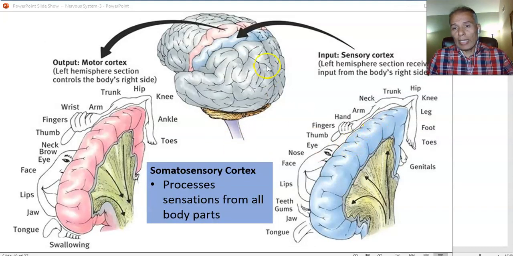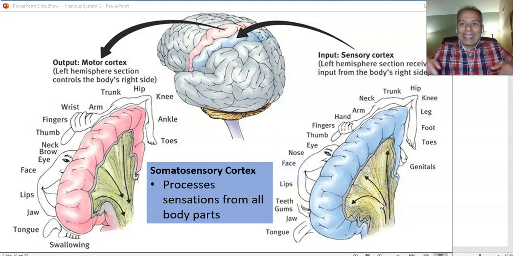So again, if you take the somatosensory cortex and look at it this way, you can see every part. All of these are cell bodies, and they send down axons, and these axons go down to the organs, muscles, and so on. Let's say lips. You see the arrows coming up.